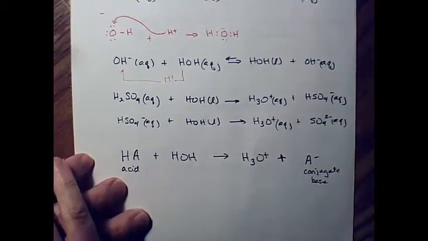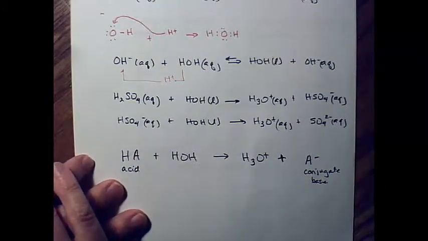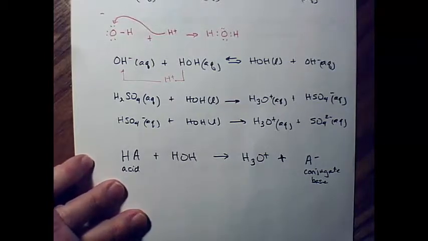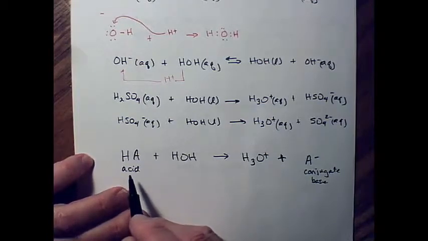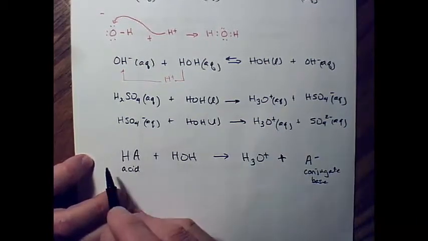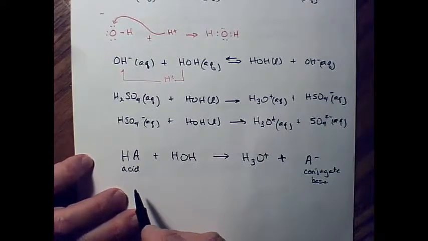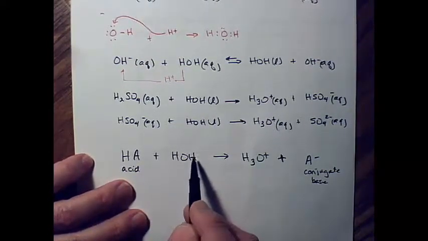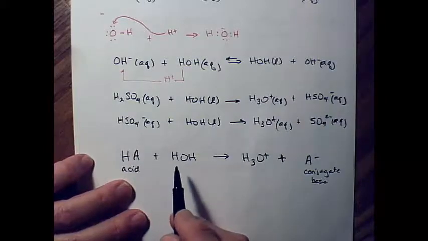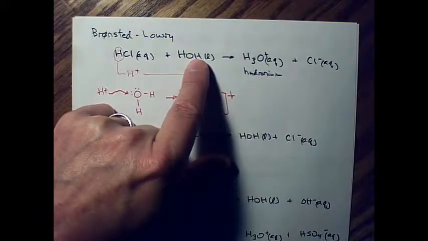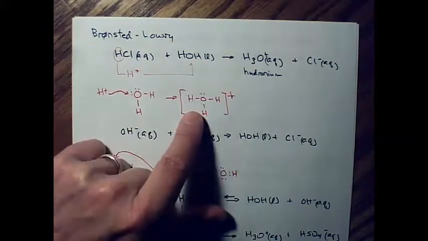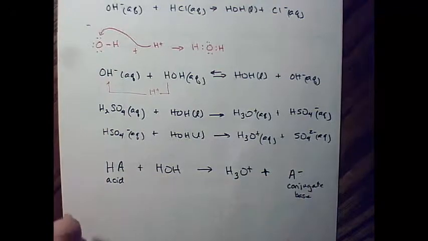And the conjugate base is always what you get when the proton comes away, or leaves, or dissociates. And in the Bronsted-Lowry theory, you're always reacting with some kind of base, and the water is the base because it's accepting a proton. That's the definition of a Bronsted-Lowry base. If it accepts a proton in a covalent bond, it's a base. So this is a base.